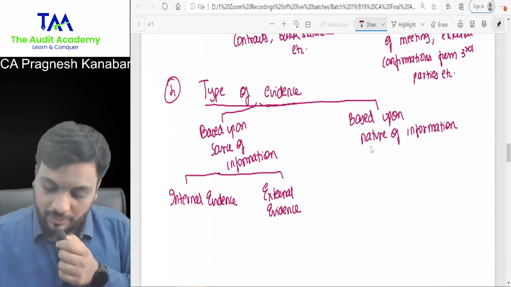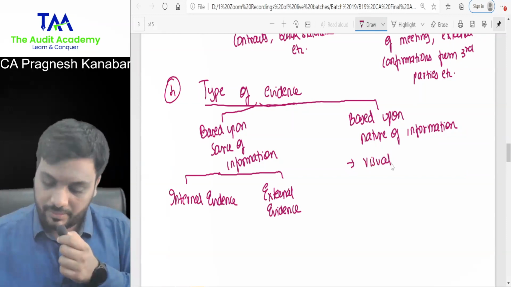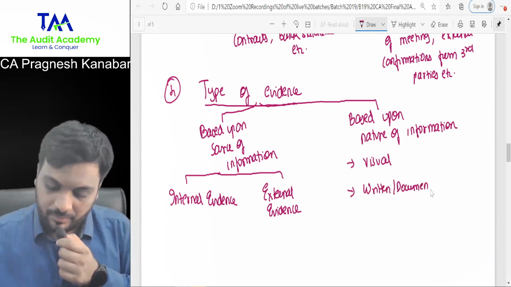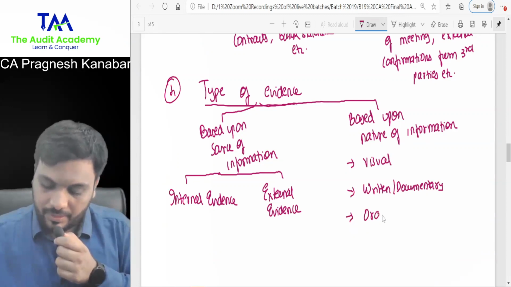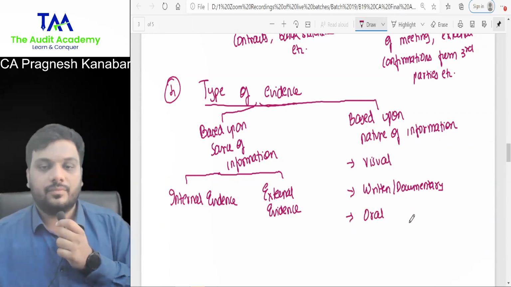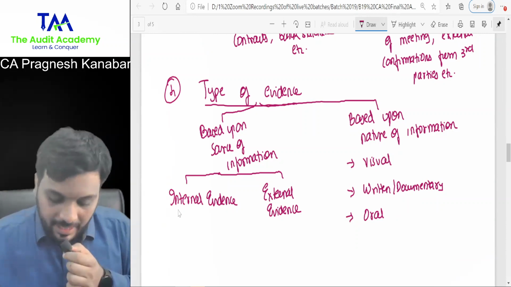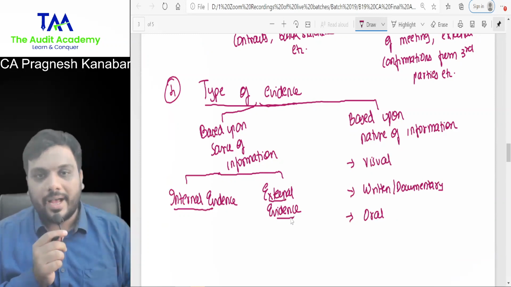Based upon nature of information, either you observe visual evidence, or it is a written evidence or documented evidence, documentary evidence, or it is an oral evidence. Okay. Very simple English. Now, but I am worried about this internal evidence and external evidence. So I'm just going to randomly ask. You first reply. I will come to know if there is any problem.